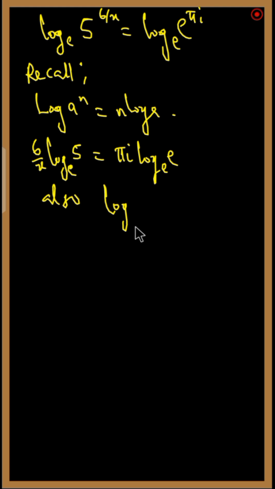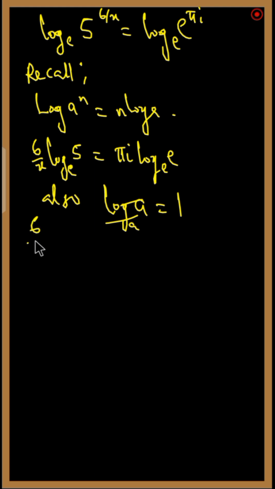Log to base e of e is the same thing as 1, because the power here is 1. So this becomes 1.